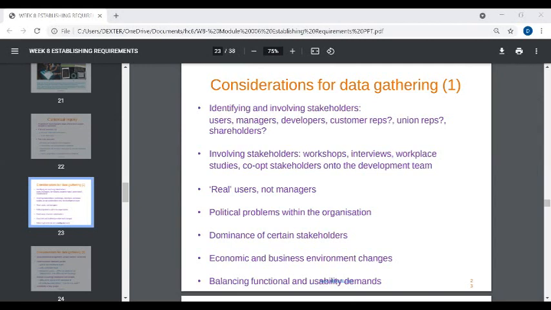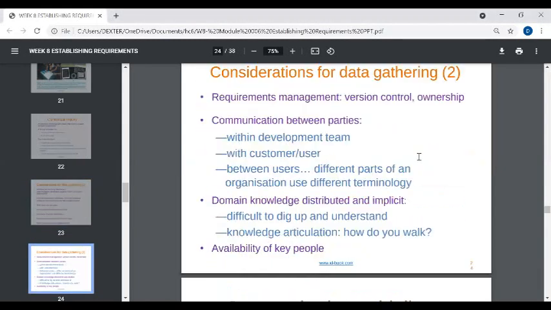So involve all stakeholder groups. It is very important to make sure that you get the views of all the right people. This may seem an obvious comment, but it is easy to overlook certain sections of the stakeholder population if you're not careful.